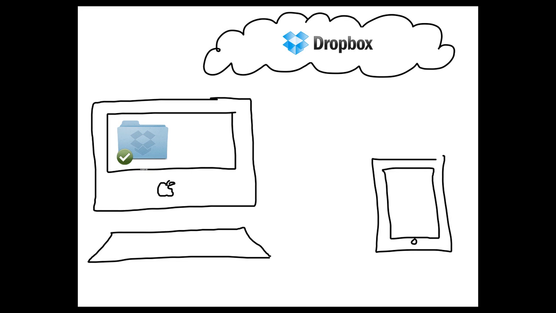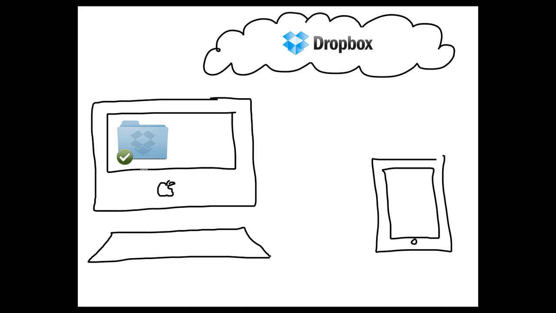Now we've got a copy on our desktop in that folder, and we've got the exact same copy in the Dropbox storage cloud. If we were to delete it off of our computer out of that folder, it would delete from the Dropbox servers. So whatever happens in that folder is going to happen in the Dropbox servers. So if you modify the document in the Dropbox cloud services will also show that modified version.